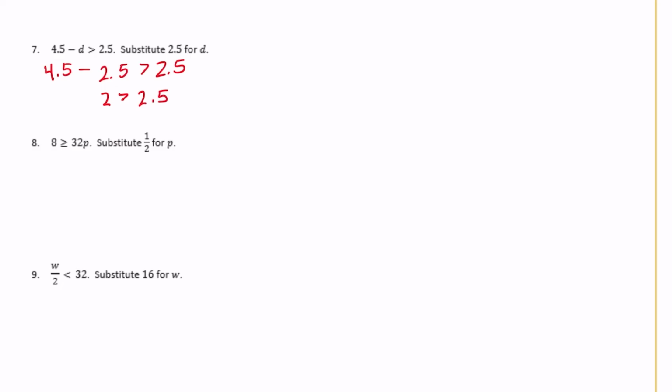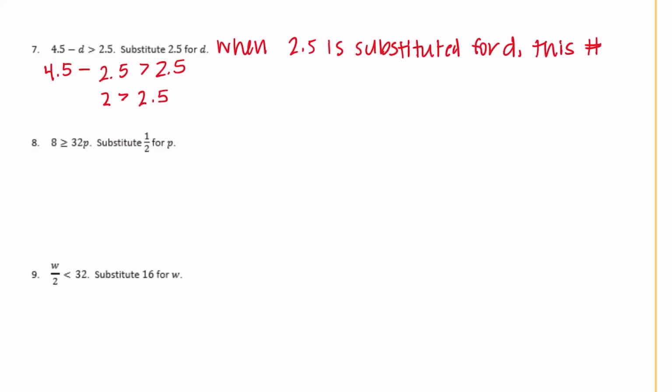That is not true. So let's say when 2 5/10 is substituted for d, this number sentence is false.